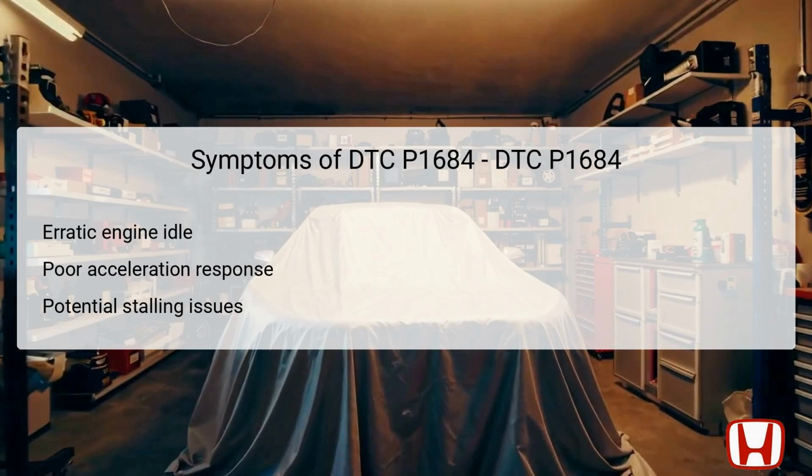DTC P1684 can manifest several noticeable symptoms that indicate underlying issues with the throttle valve return spring. One primary symptom is erratic engine idling. The engine may rev unexpectedly or fail to maintain a steady speed when the vehicle is stationary. This instability can lead to poor acceleration response, where the vehicle does not accelerate smoothly or as expected when the throttle pedal is pressed.